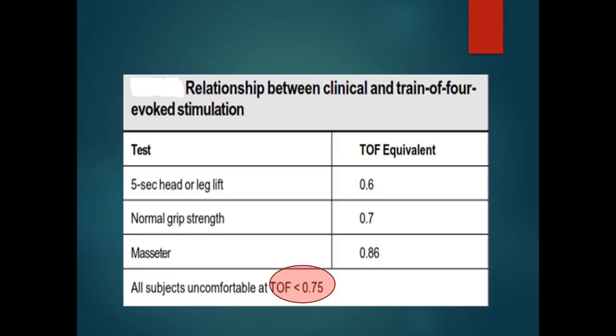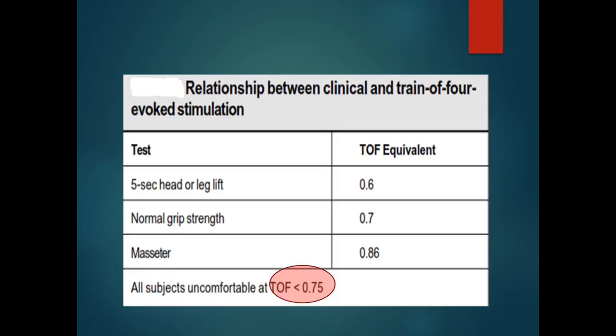But here, you can achieve the 5 second head lifting test or the leg lifting test even when the train of 4 ratio is around 0.6. And when the train of 4 is around 0.7, you can have a normal grip reflex. But the mesenteric reflexes usually take a train of 4 equivalent of 0.86.